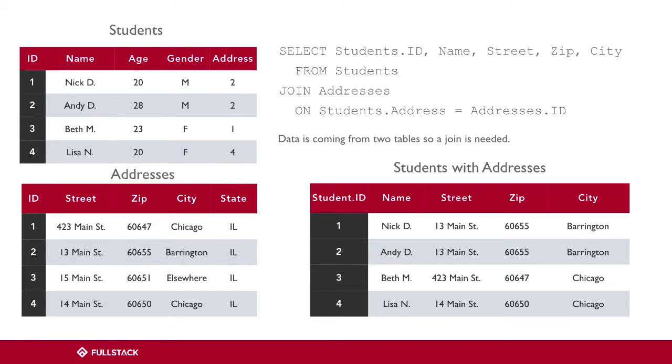Since some of those attributes are in another table, we've got to do a join from the student's table to the addresses table. One thing that would be a little bit more common, instead of calling that attribute address on the student's table, odds are we would probably call it address ID. It's a little bit more descriptive. It's not really the address, it's the ID of the address. We couldn't call it ID because we already have an ID there.